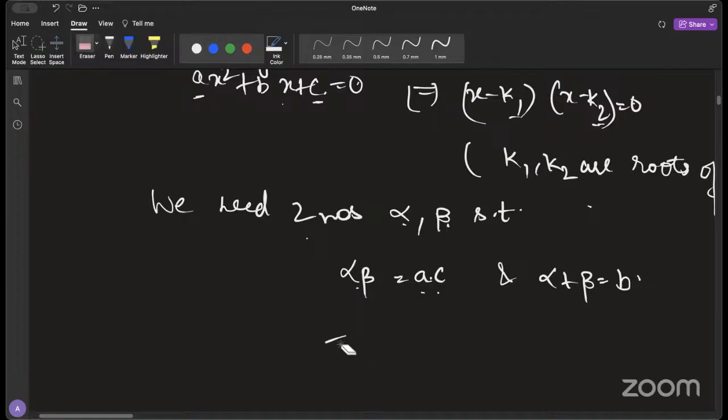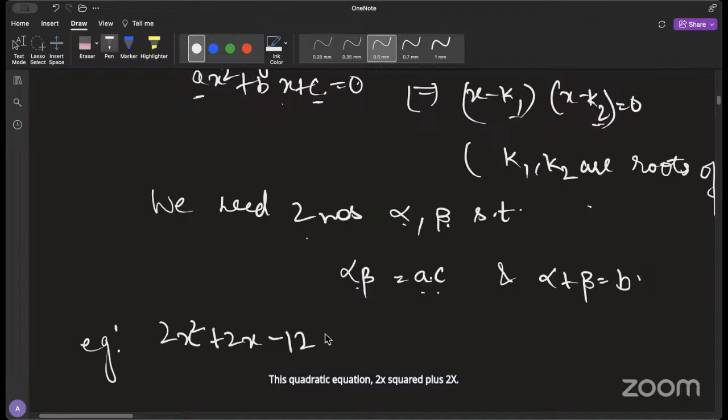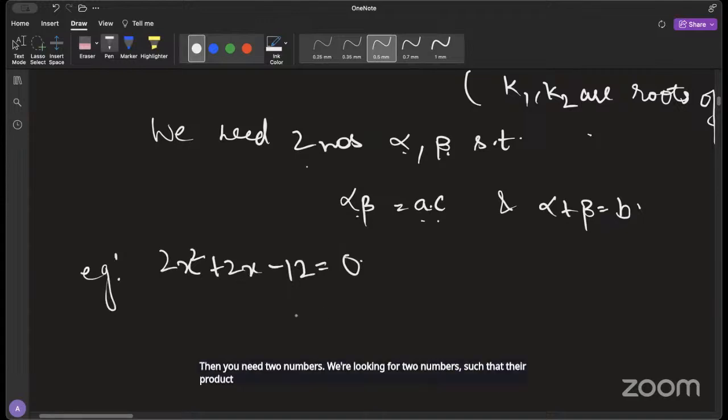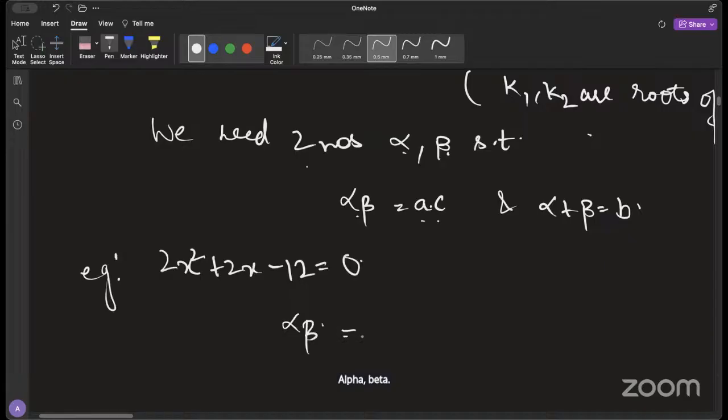Let's do an example that would make things more clear. Let's say you have this quadratic equation 2x squared plus 2x minus 12 equals 0. Then you need two numbers. We're looking for two numbers such that their product is equal to minus 12 into 2, that's minus 24.